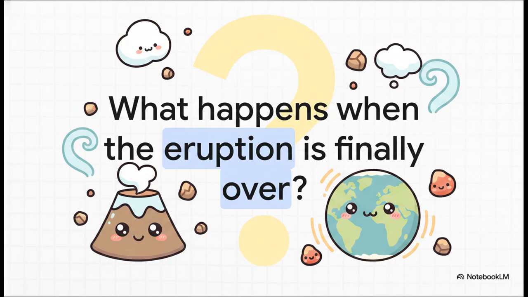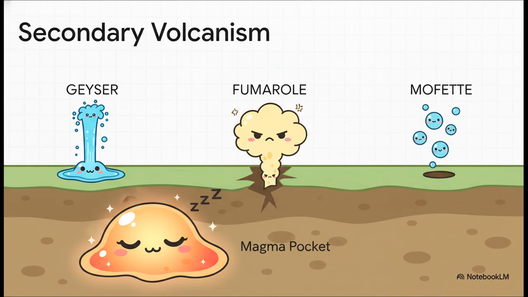But that leaves us with a really interesting question. What happens when the spectacular eruption is finally over? Does the mountain just instantly go quiet? Well, no. The truth is, the Earth continues to breathe long after the visible red lava stops flowing. We call this post-eruption phase secondary volcanism. Even though the main eruption is over, there are still massive pockets of magma slowly cooling underground.